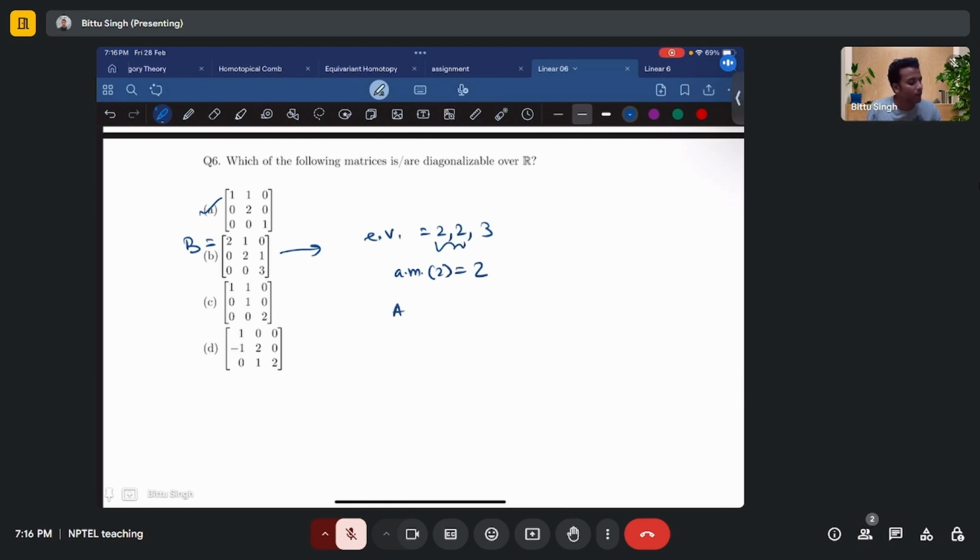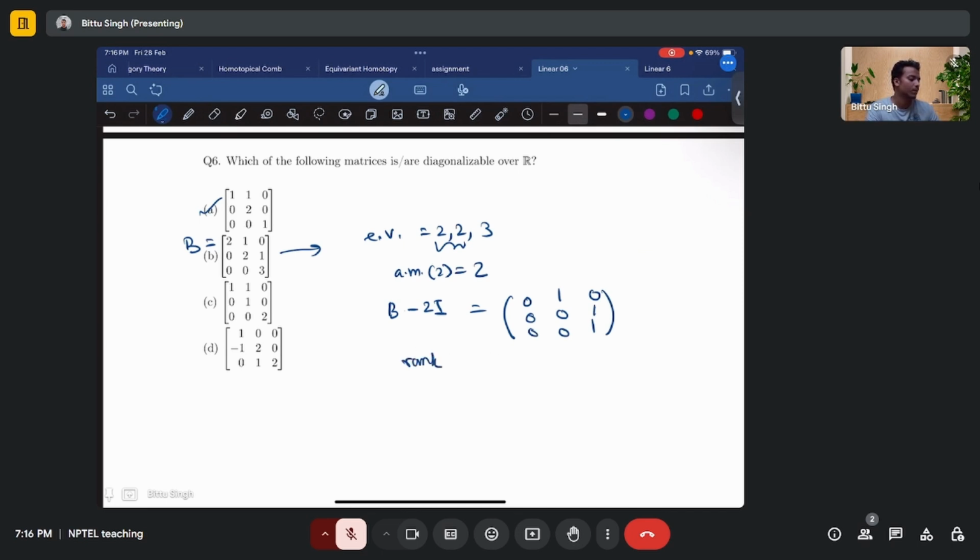Now if we subtract 2I, this will become 0, 0, 1, 1, 0. Sorry, not A, here we have denoted it by B. So 0, 0, 0 and 1. But we can see that the rank is 2.